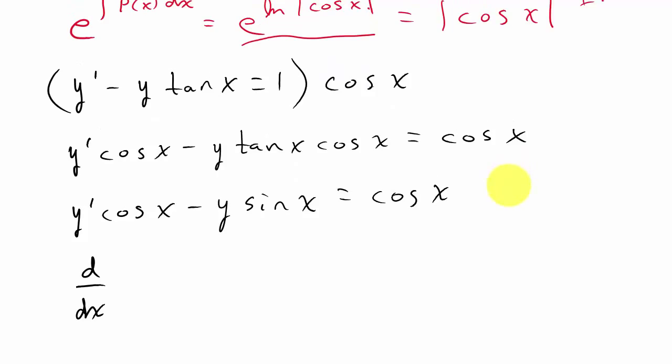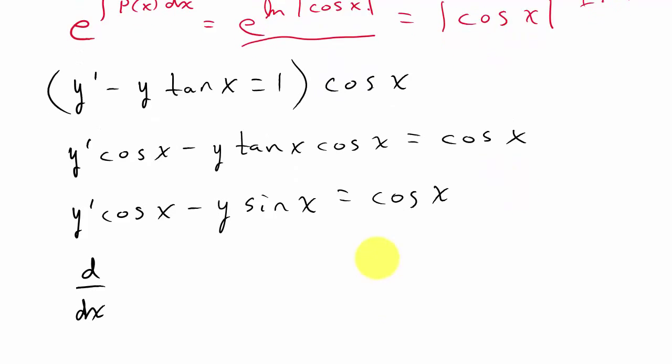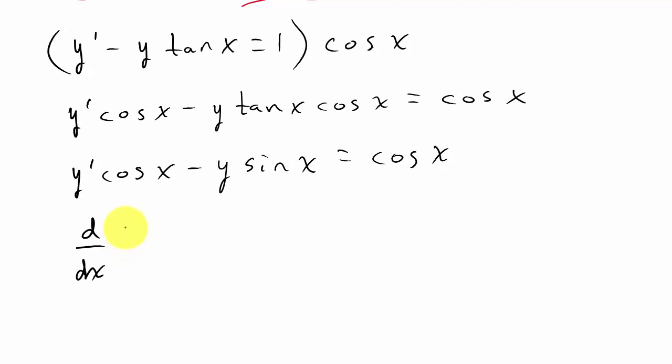See, there's my integrating factor, cosine x, and the dependent variable y. Okay, and I'm going to go ahead and write the y in front. And that equals cosine x.